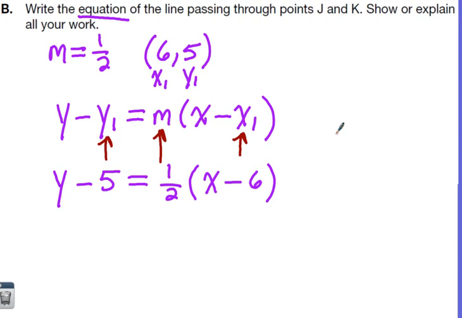They did not specify if they wanted this equation in point-slope form, slope-intercept form, standard form, some non-form that's still correct. They didn't ask for anything specific. So guess what? You could stop right now. This should be an acceptable answer. Y minus 5 equals 1/2 times the quantity of x minus 6.